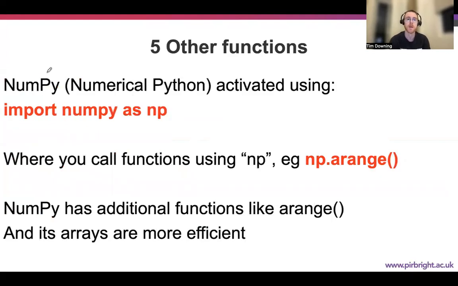So to do that, numerical Python, which is a really great range of tools, we import NumPy, but we call it np. So np stands as a shorthand for NumPy. What's important to note is that because we use this special shorthand called np, we have to call our functions with this at the start.